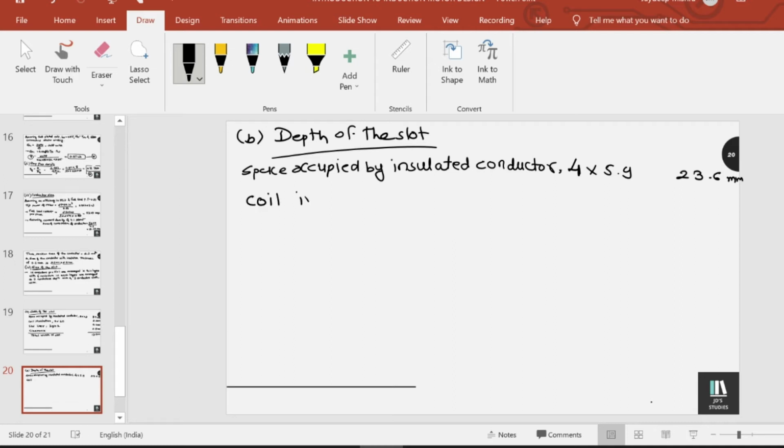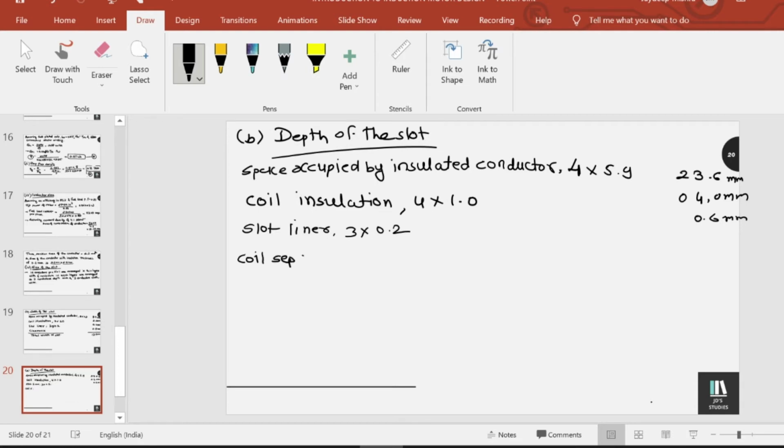Coil insulation, 4 into 1.0 mm, then 4 mm. Slot liner, 3 into 0.2, so 0.6 mm.